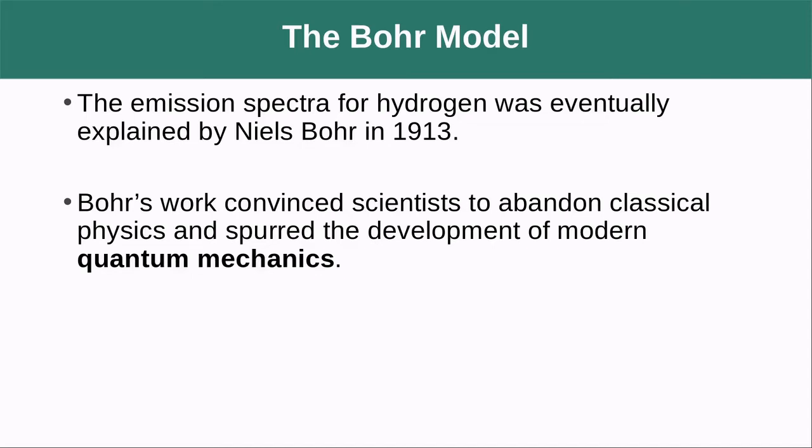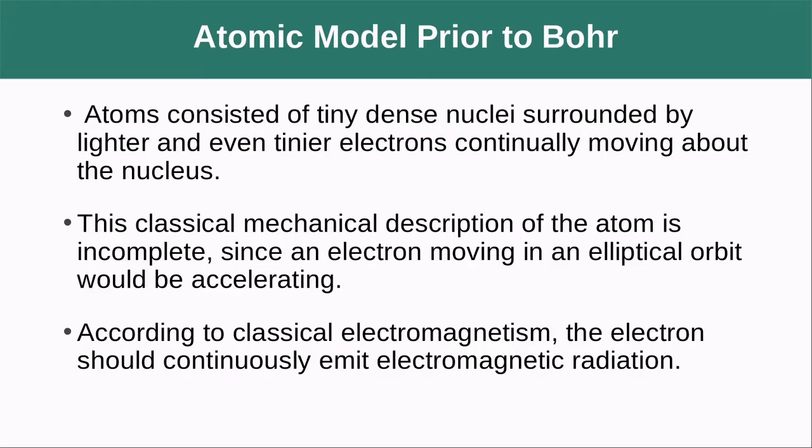He eventually was able to come up with some explanation for the spectra of hydrogen. His work was able to convince scientists to abandon classical physics and spurred on the development of modern quantum mechanics. What did he say? He said that atoms consisted of tiny dense nuclei surrounded by lighter and even tinier electrons continually moving around the nucleus.